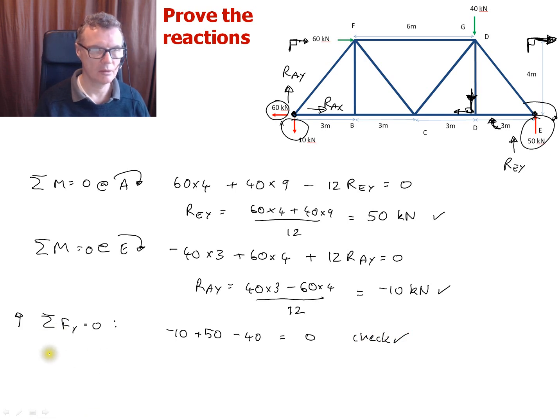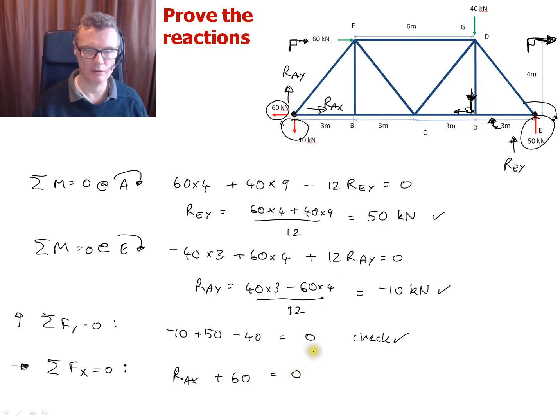Okay, so then finally we want to find the reaction of RAX. So to solve that one, I will sum up forces in the x direction. So I've got an RAX, ignoring the 60 here, got the 60 there, equals 0.